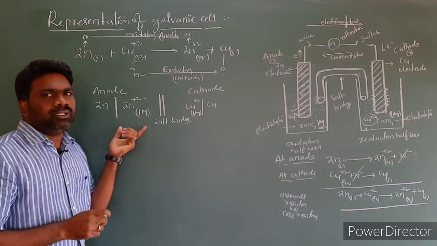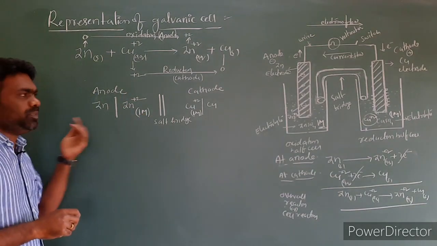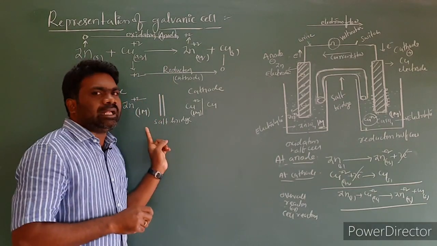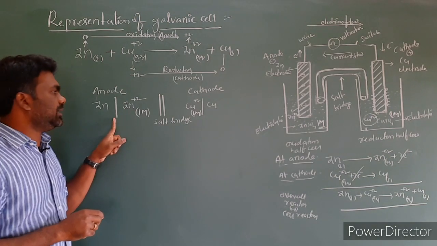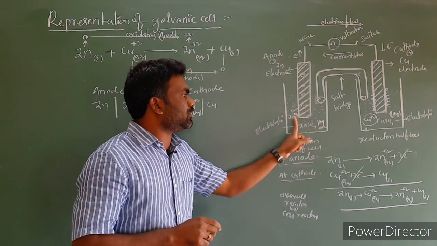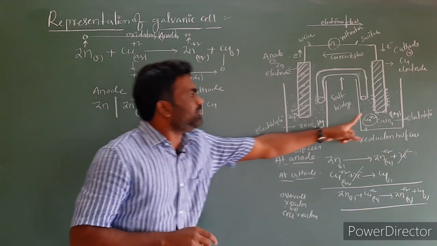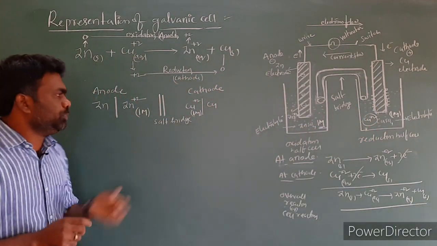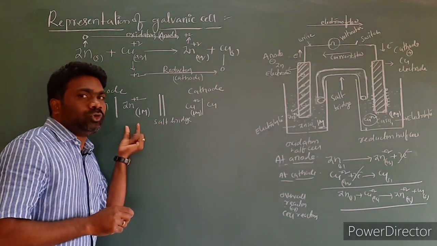So the first point is that a galvanic cell is represented by writing the anode on the left hand side and the cathode on the right hand side. The second point is that a vertical line is put between electrode and electrolyte, in both half cells.